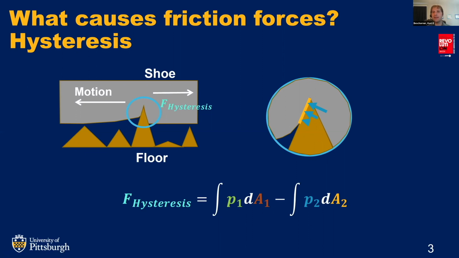That leads to an imbalance in the forces on the two sides of this asperity, which leads to a net force in the direction opposite of sliding. That's a type of friction that we call hysteresis friction.